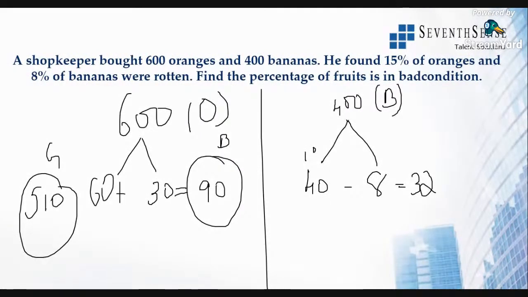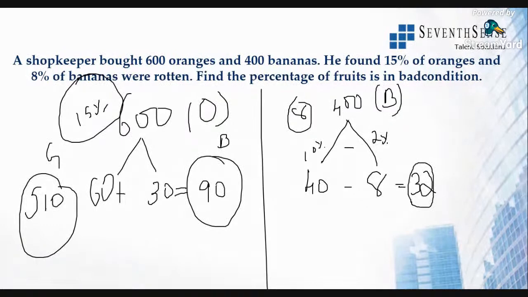I'll write it for your reference: 10% and 2%, if you subtract this, you'll get 8% were lost. So 32 bananas were rotten, so the remaining 368 were good.